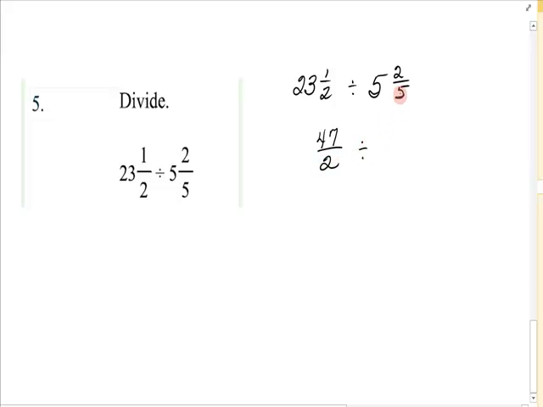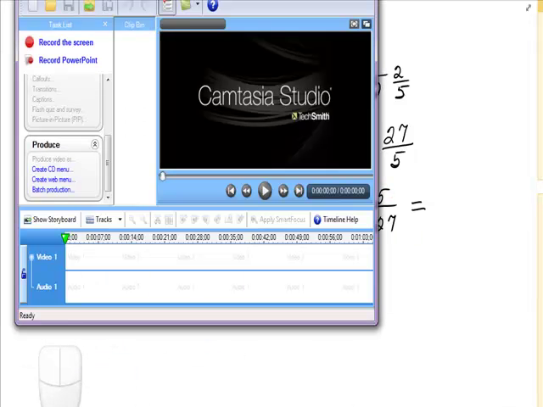Divided by 5 times 5 is 25, plus 2 is 27 over 5. I want to do keep, change, flip. So keep 47 over 2, change to multiplication, flip 5 over 27. I don't think there's anything I can reduce or bow tie.